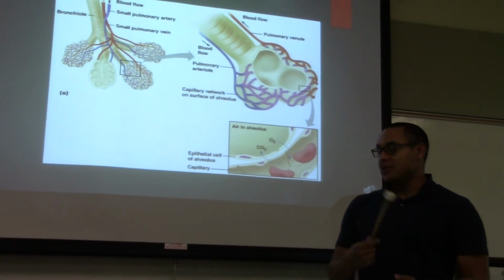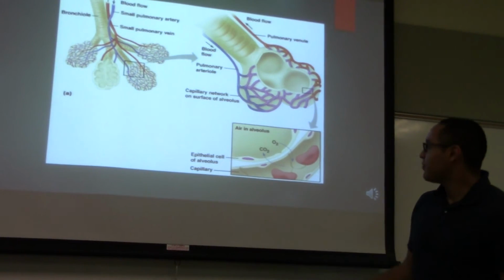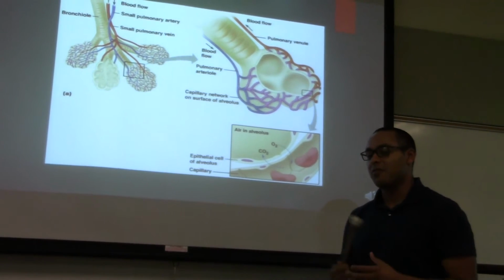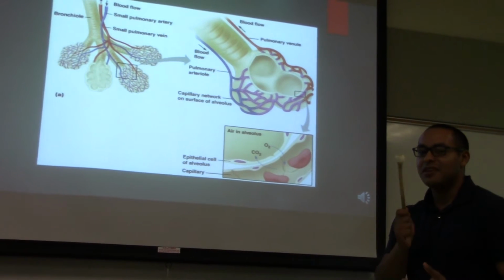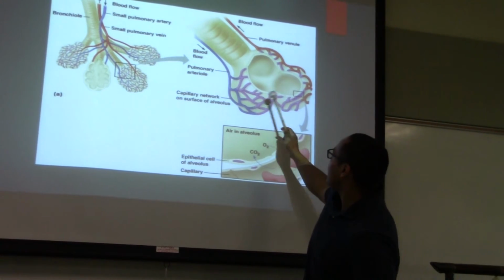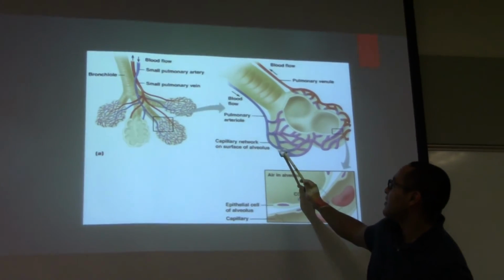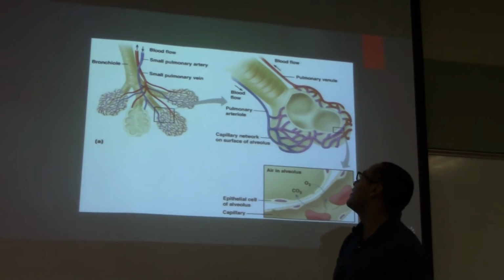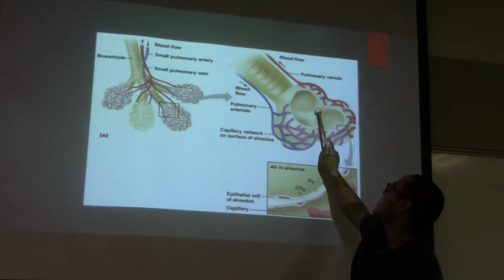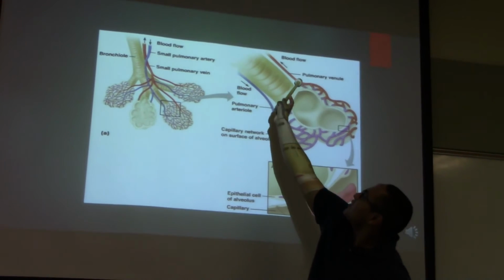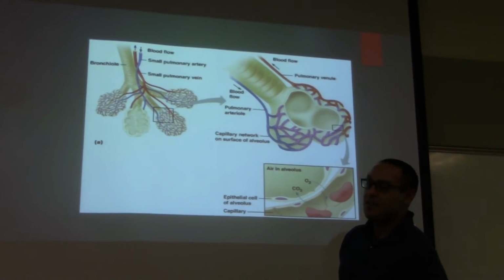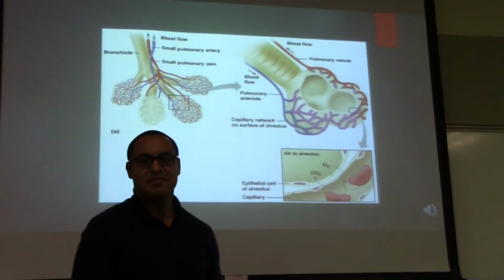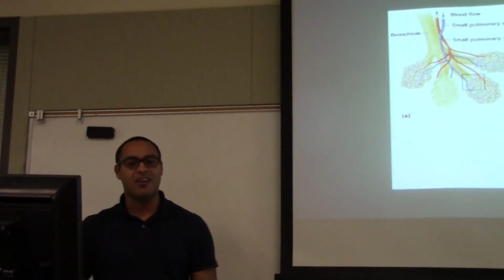We breathe in for a purpose, for the O2 to enter our bloodstream, and that blood is carried with our pulmonary vein. You see the blue is the carbon dioxide in the blood. From there, CO2 jumps in here, takes off, and the rich oxygenated blood at the same time jumps on these capillaries and enters back up through the pulmonary vein. Then it gets delivered to our left atrium and distributed all over our bodies.